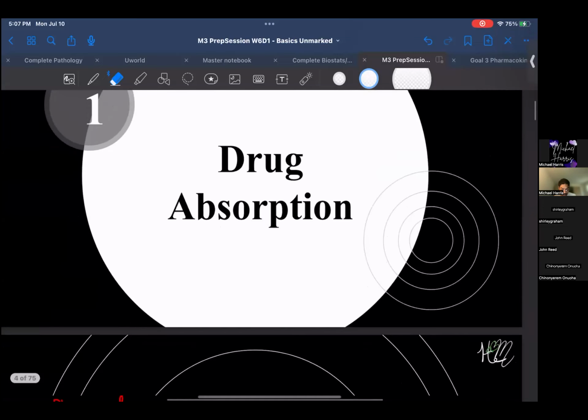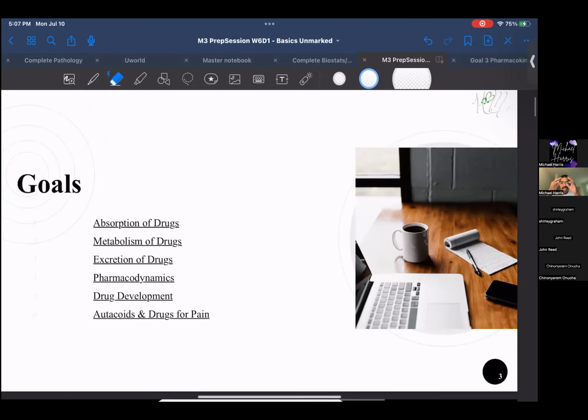So first thing we're going to do is each drug in general follows these various classifications. There's the absorption of the drug. Certain drugs get absorbed different ways. Certain drugs you have to inject versus taking them orally because they're peptides. An example of this is something like your GLP-1 agonist.